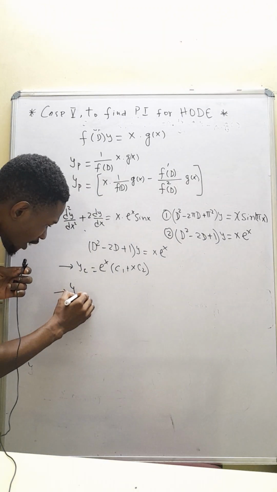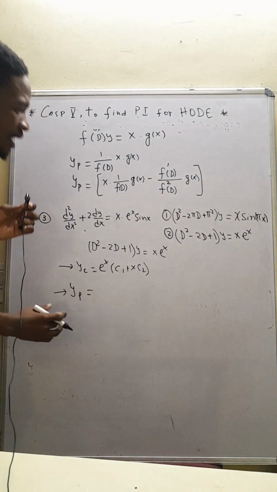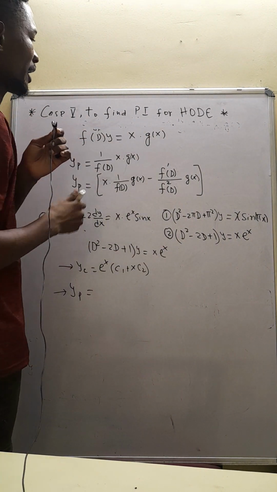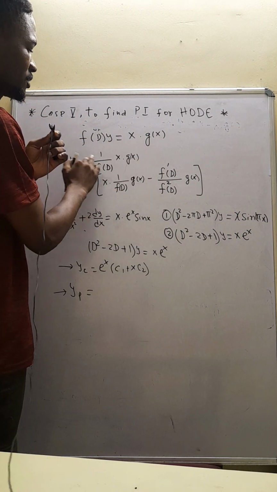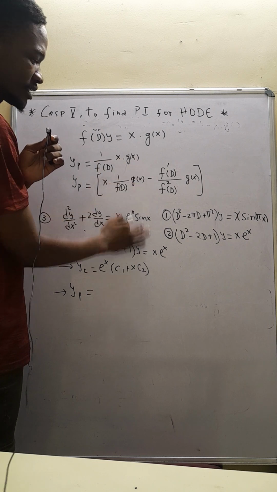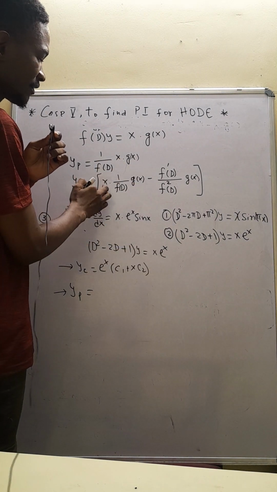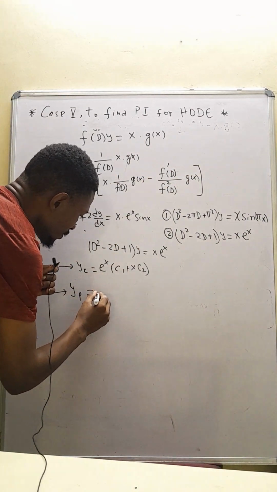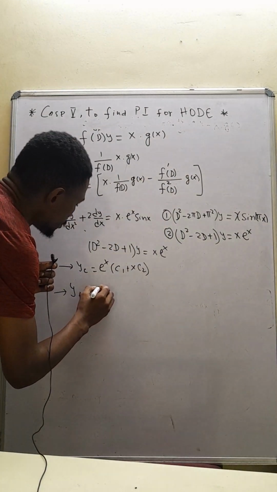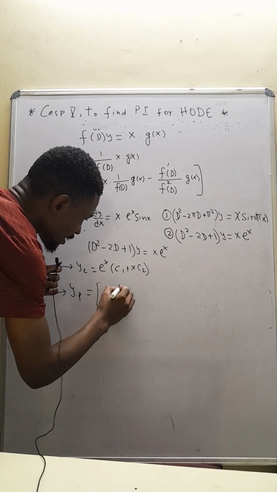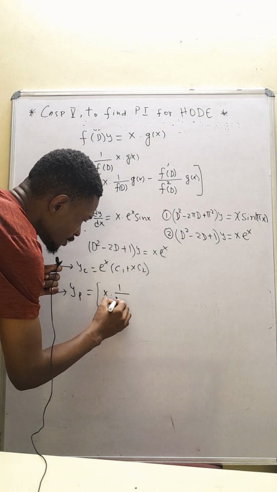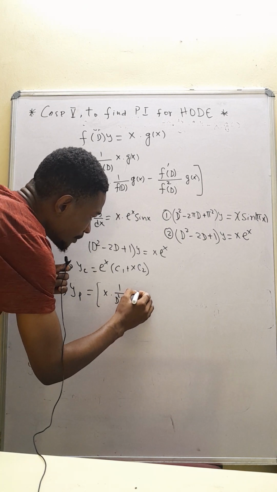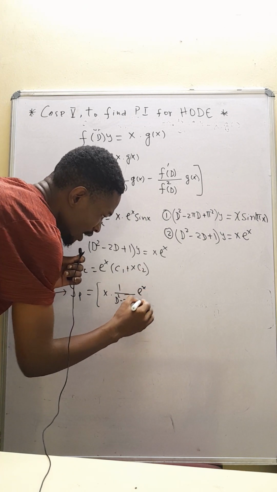So how to find your yp? As it is in this form, we have to apply case number 5, x g of x. So whatever is happening with g of x is happening with Euler raised to x. Just follow this formula. So yp will be equal to x times 1 upon d squared minus 2d plus 1 times g of x, this is Euler raised to x.